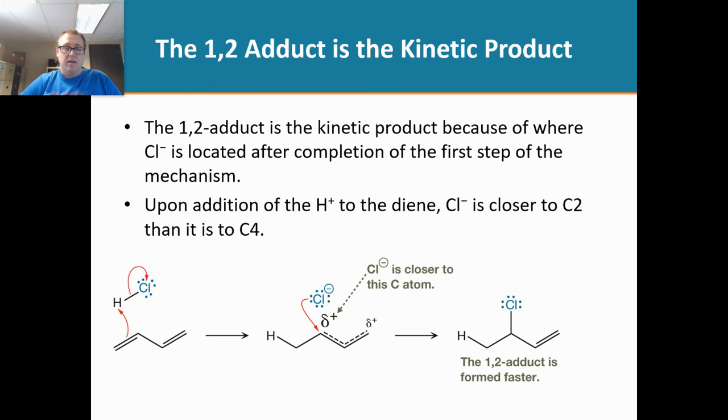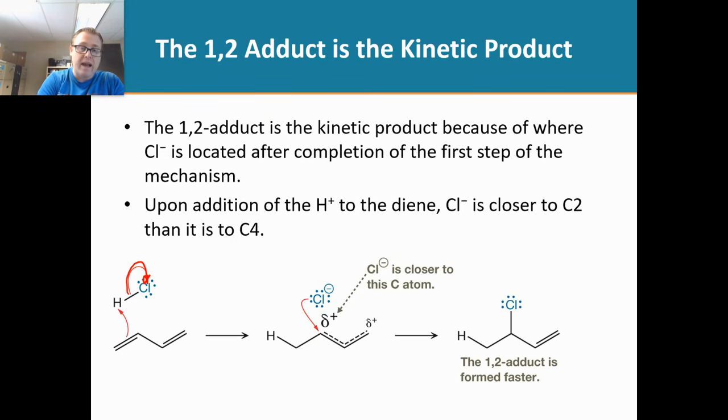Now let's delve into another reason why the kinetic product gives us the 1,2. It has to do with this idea called proximity effects. When you do the first step in the mechanism and this chlorine leaves, you see how it's right there?